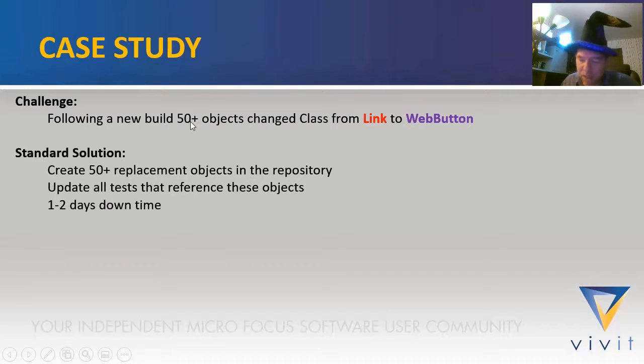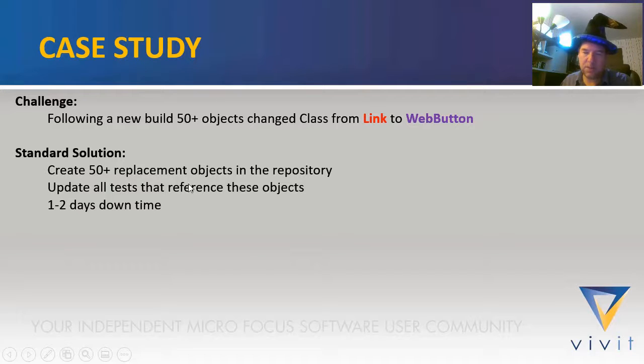No big deal, and occasionally we'd find a defect, but more often than not, there was really nothing that we'd found. And everything went along just hunky-dory until they decided to do a new build with a new underlying structure. And it turned out that all of our links changed into web buttons, and the only test case that was working was the login test case.